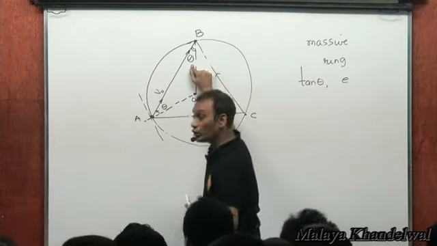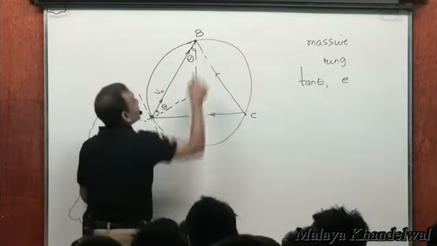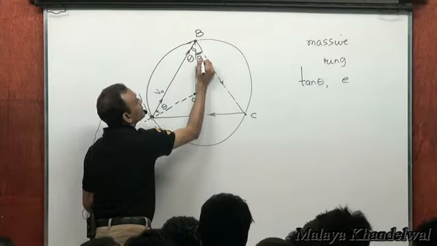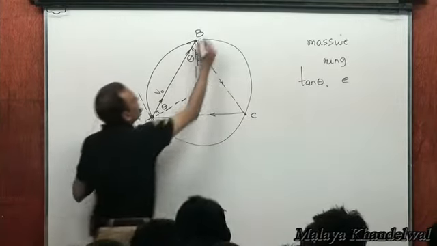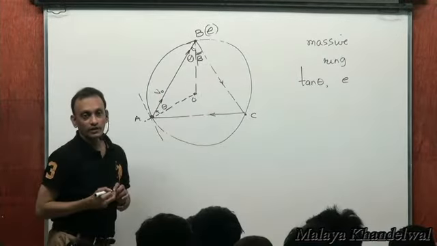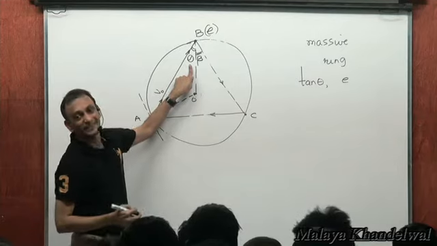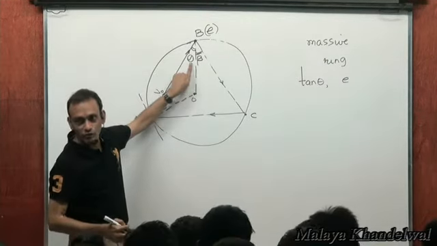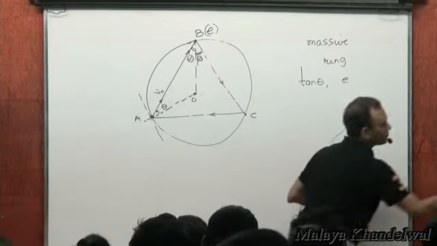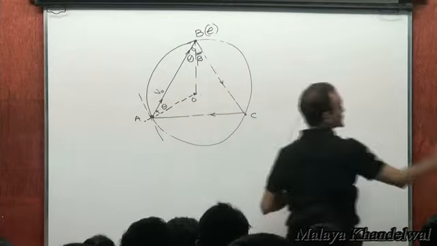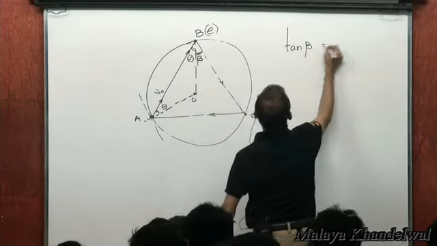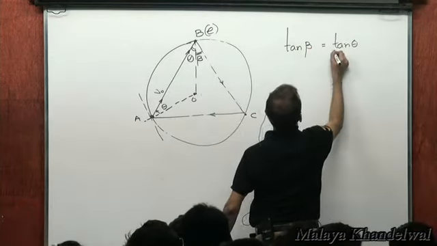Now it goes this way, so this would be the angle of reflection, say beta. And if E is the coefficient of restitution, then tan beta would be tan theta by E, a result that we arrived at a little while ago. So tan beta equals tan theta by E.